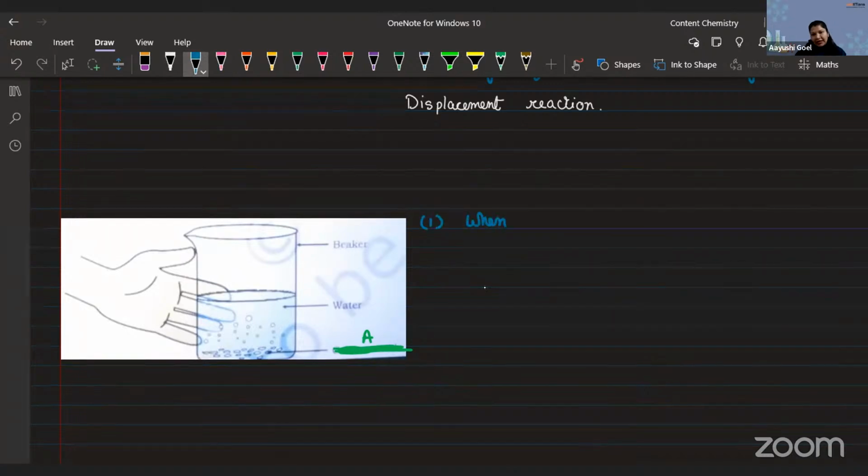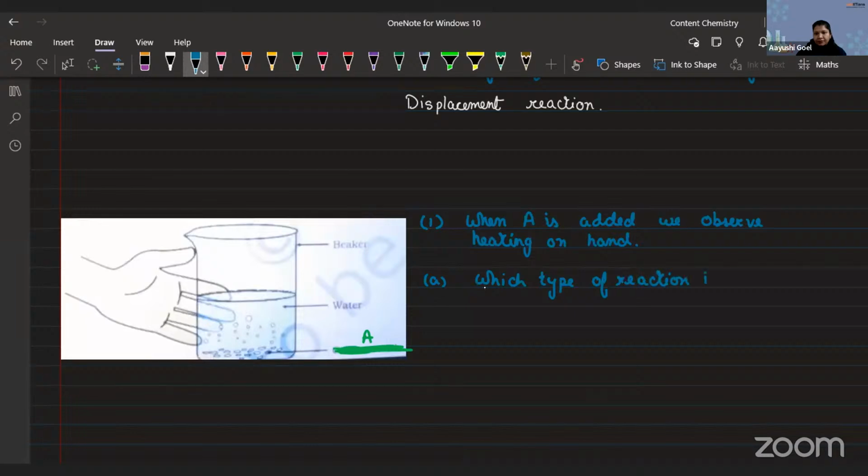When A is added, we observe heating on hand. This is the first thing. So which type of reaction is it?